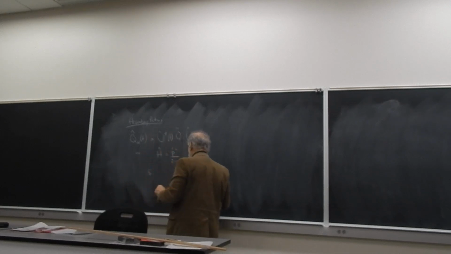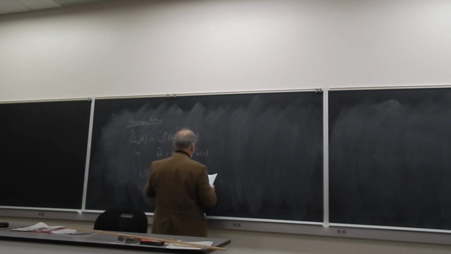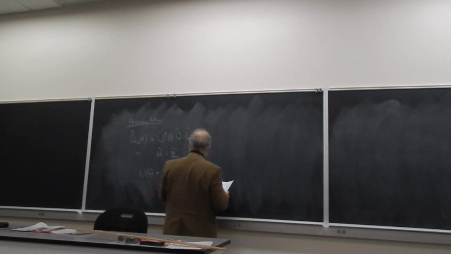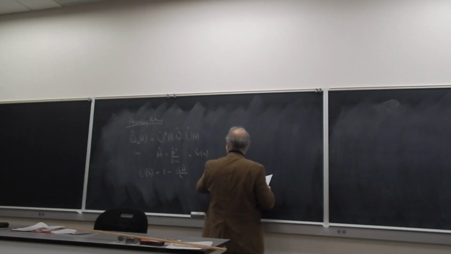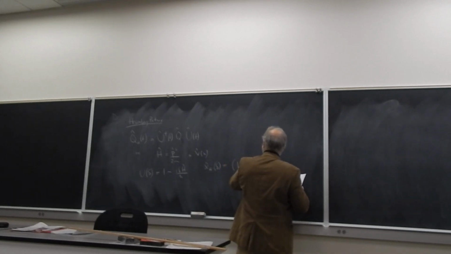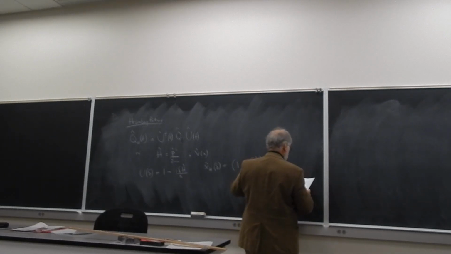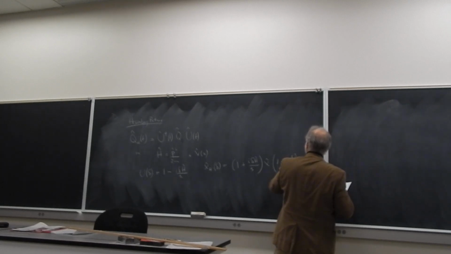We'll call that delta. So in that case, U of delta is approximately, because delta is small, 1 minus i delta H over h bar. Therefore, I can write my position in the Heisenberg picture as a function of delta as approximately (1 plus i delta H over h bar) x operator (1 minus i delta H over h bar).